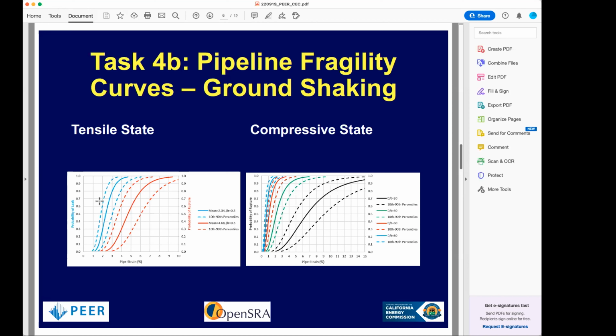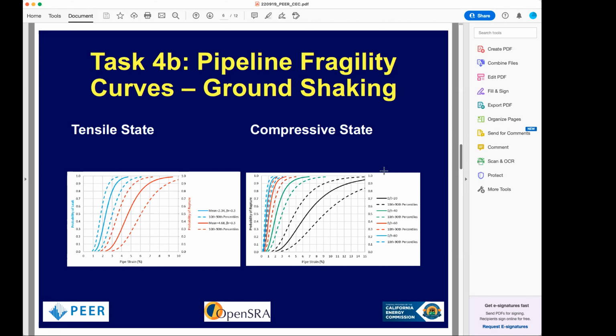So here in blue, this is the probability of leaks as a function of pipe strain, where we're also including epistemic uncertainty. So we have the 10th and the 90th percentile fragility curves on there as well. And then over here in red is the probability of rupture or just really failure of that pipeline.